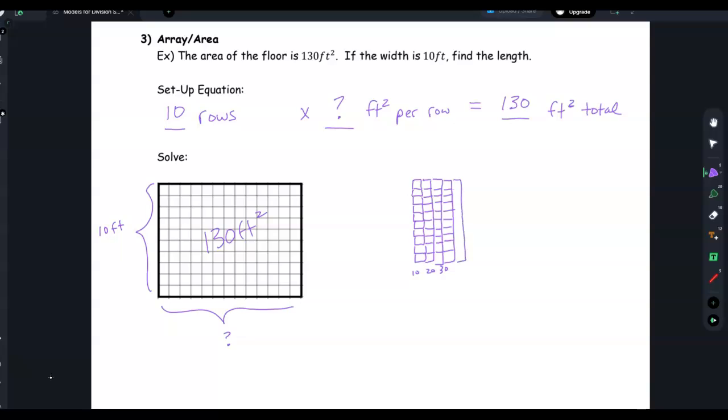Another column, now I'm at 50 squares. Another column, I'm at 60. This would get me to 70, 80, 90, 100, 110, 120, and finally 130.